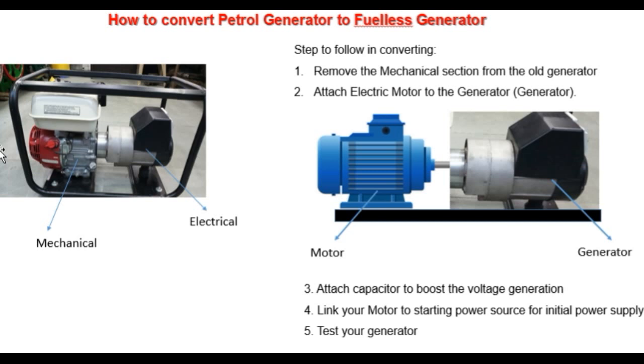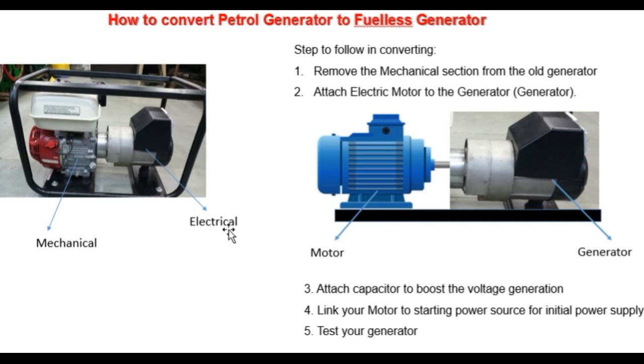Today I'm still talking about how to convert a petrol generator to a fuel generator. Now, first of all, let me explain to you. There are two things that make a generator. They are very distinct. In every generator you see on the street, either in your house or anywhere, there are two basic things that make it work: the mechanical section and the electrical section.